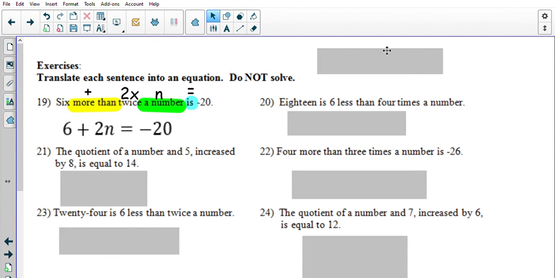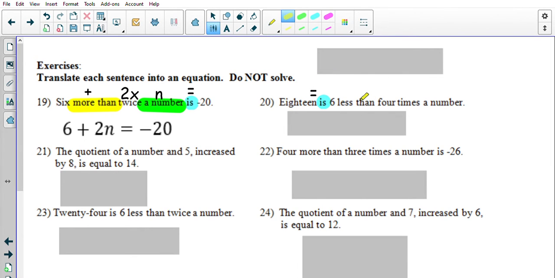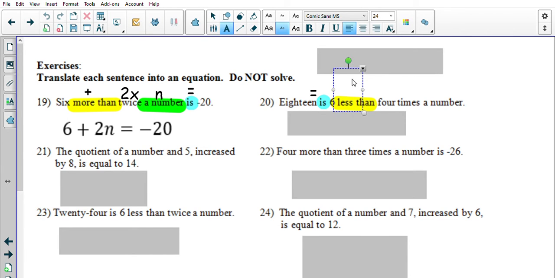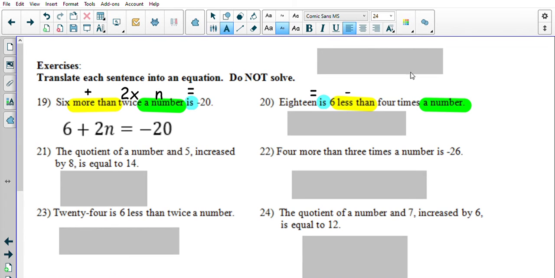Number 20. 18 is 6 less than 4 times a number. Remember that is going to represent our equal sign. Don't forget, less than is going to represent subtraction. 4 times a number, times obviously is multiplication. A number is going to be our unknown, so we'll use the variable n.